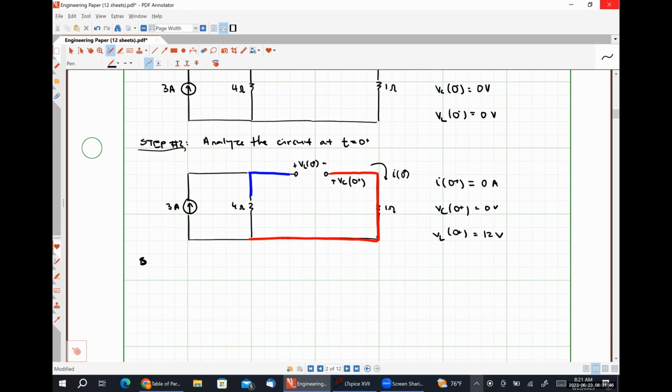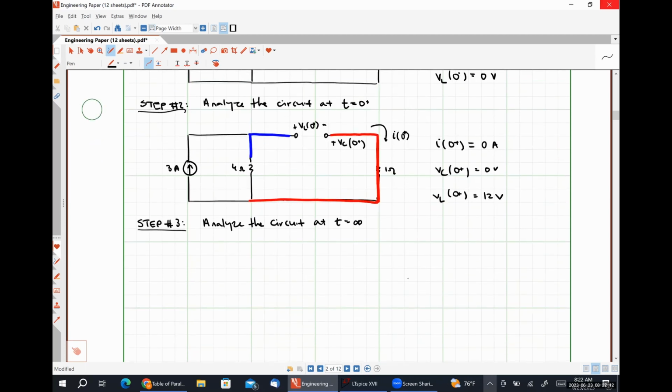For step number 3, we're going to analyze the circuit at t is equal to infinity. So at t is equal to infinity, our switch is still closed.